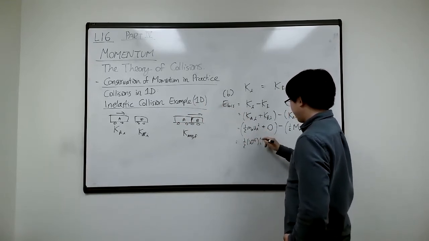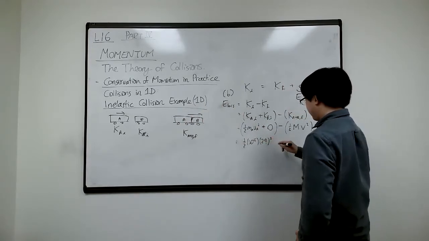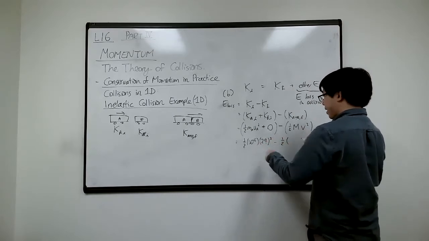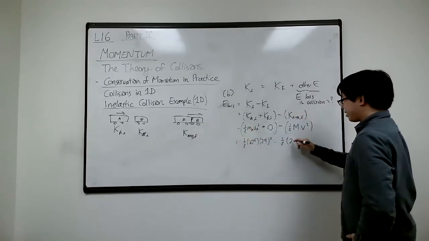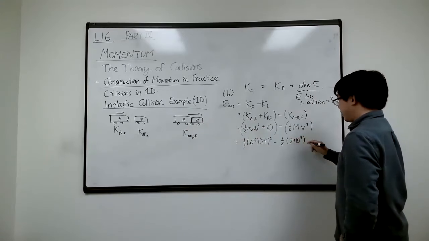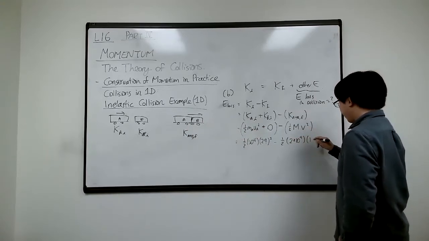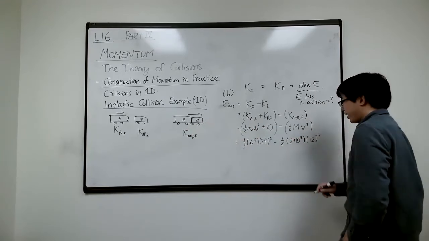U was 24 meters per second, minus 1/2 M. What is M now? This is MA plus MB, right? So it's 20,000, so 2 times 10 to the power 4. And V squared, right, V was 12 meters per second.